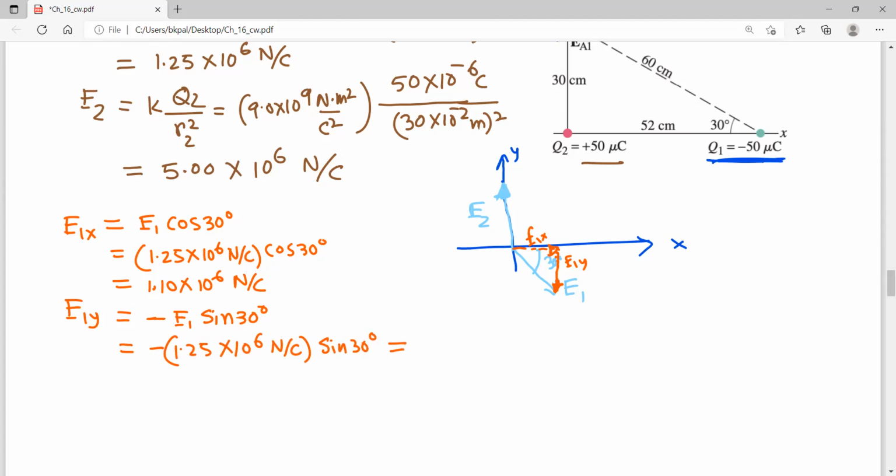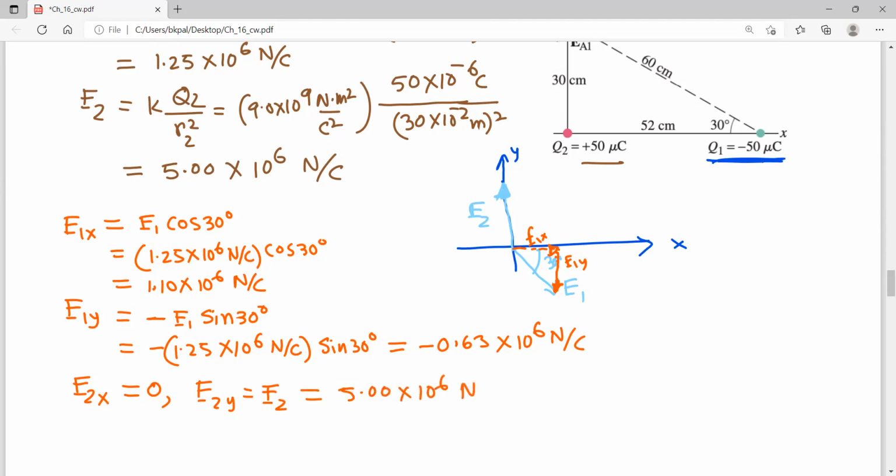The value I got is negative 0.63 times 10 to the power 6 newton per coulomb. E2x is equal to 0 because there is no component along the x-axis, and E2y is exactly equal to E2, which is 5 times 10 to the power 6 newton per coulomb.